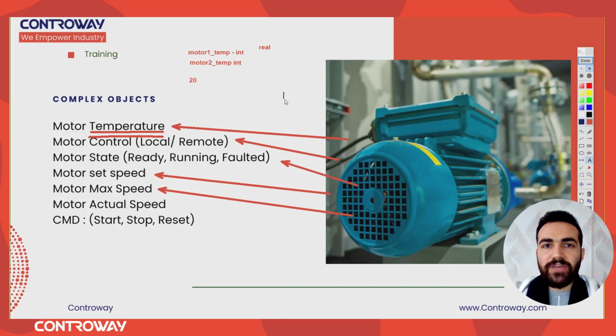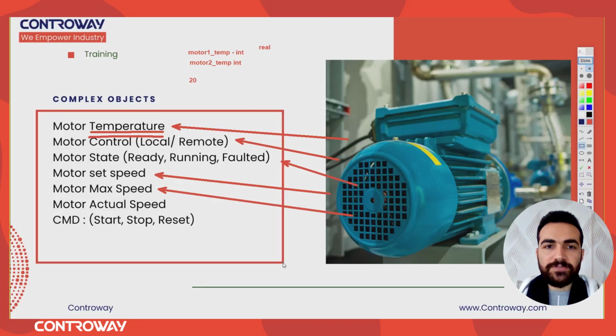So why don't we make something more simple: we make a package, a special type of data, and this type will include all these variables, and we give it a name, motor UDT.